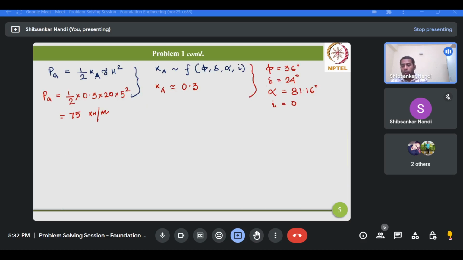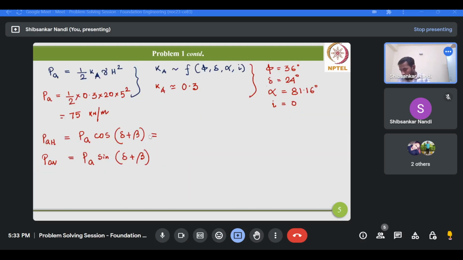Now what should be the value of PAH and PAV? PAH will be the cosine component of PA, so PA cos(delta plus beta), and the vertical will be the sine component of PA, PA sin(delta plus beta). If you calculate, delta is 24 and beta is 8.84.